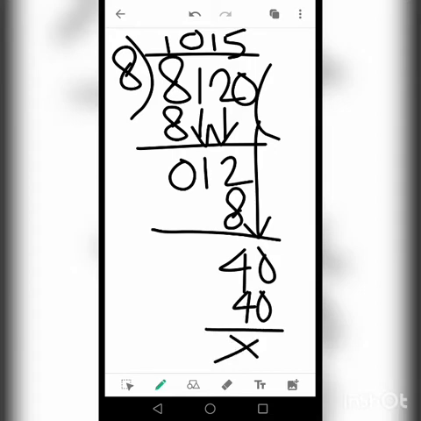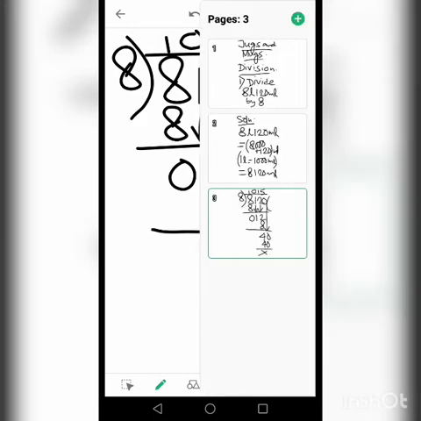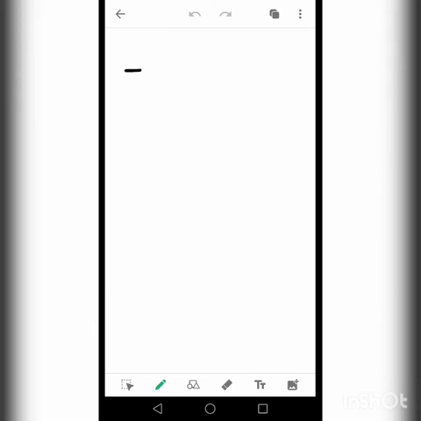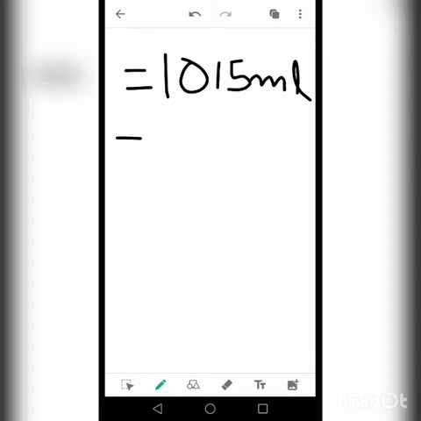So see that I have got the quotient as 1015. So I'll write the quotient over here, 1015 ml.